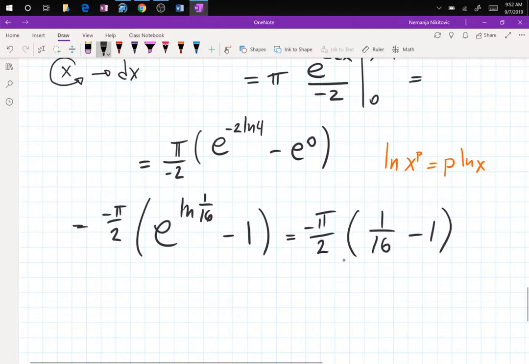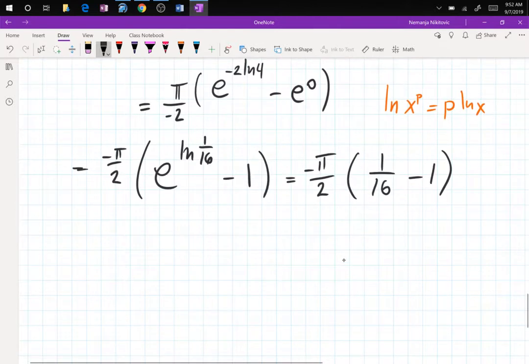Guys, your volume should not be negative, right? But look, 1 over 16 is smaller than 1, so when you subtract it, you'll get a negative, and it's going to kill the negative in front of pi over 2. So we are good.